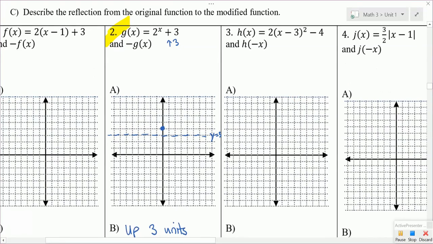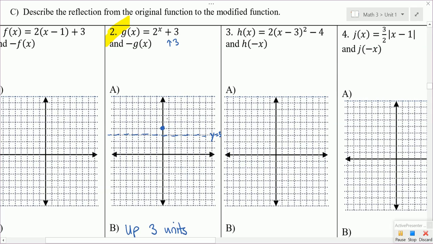Okay. Let's get a couple more points here. Remember, we're always picking points to the right with exponential functions, so let's plug in 1. So g of 1 gives us 2 to the power of 1 plus 3, which is 2 plus 3, which is 5. So 1, 5.